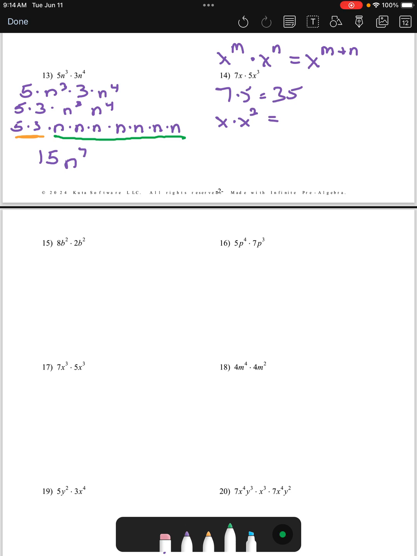Now, you must remember that the x that does not have an exponent does have an exponent. It is invisible right now, but it is a 1. For some of you, you're going to want to make that visible. You're going to want to write it. Now, we're multiplying two x's together, so we can add their exponents. 1 plus 3 is 4. So the simplified answer to number 14 is 35x to the fourth.